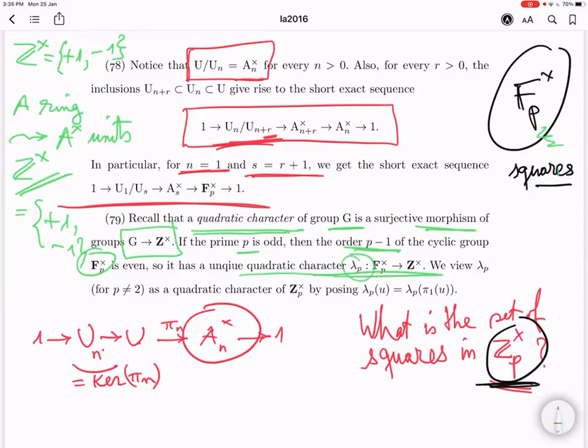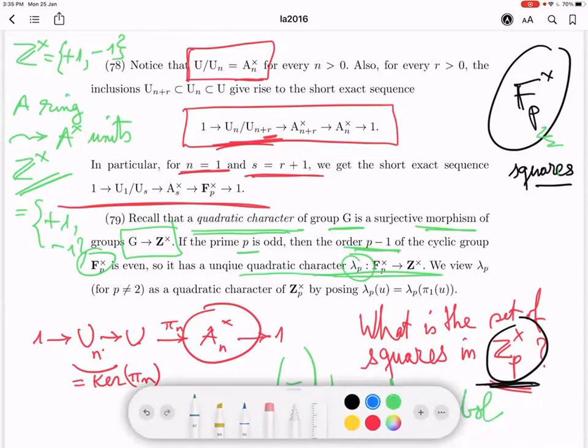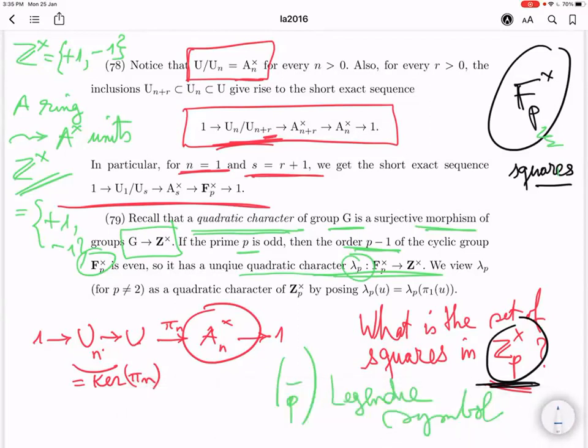Usually people denote it by a notation like this, and they call it the Legendre symbol. So if you're familiar with those things, that's fine. If you're not familiar with the Legendre symbol, that's also fine, because I'm defining it for you.